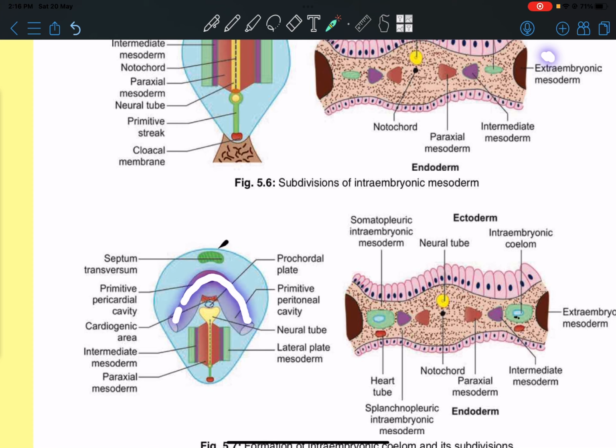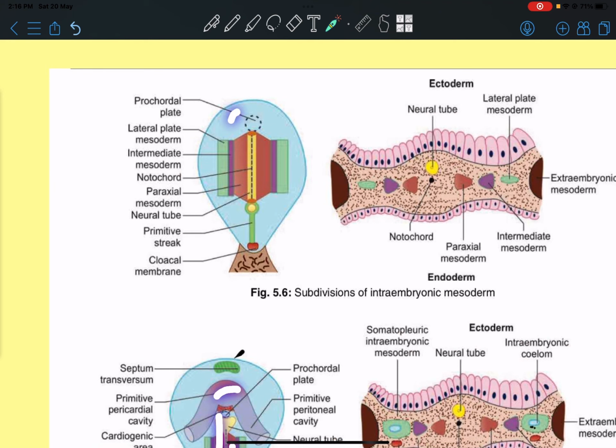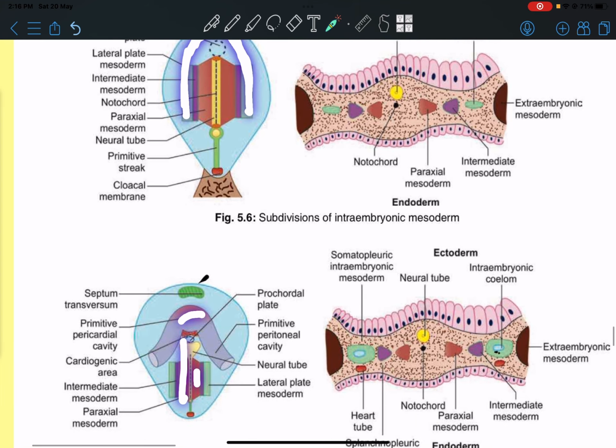It looks like this. On the cross section we can see it in the lateral plate mesoderm. It does not happen in the medial region. It basically happens above the prochordal plate, somewhat here, and it invaginates only the lateral plate mesoderm. So it's somewhat like that. That's why we only see it in the lateral plate mesoderm.